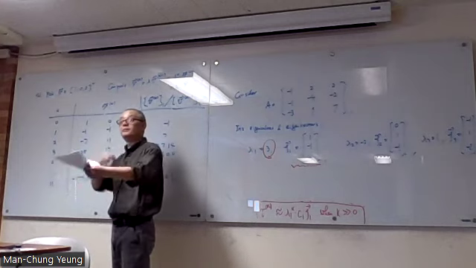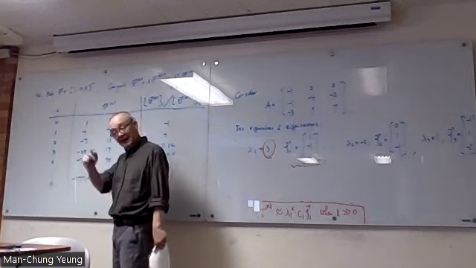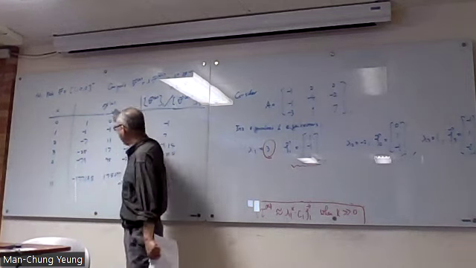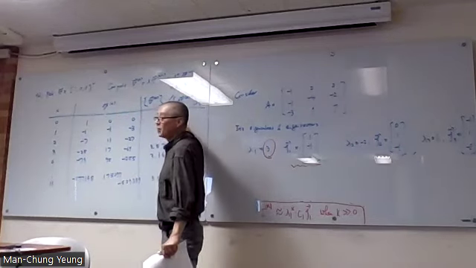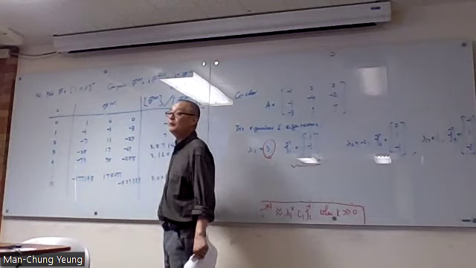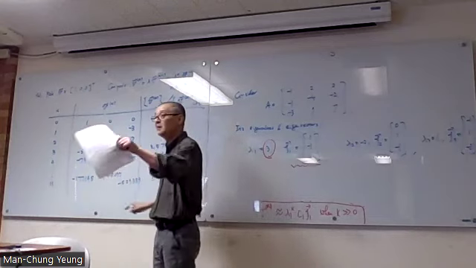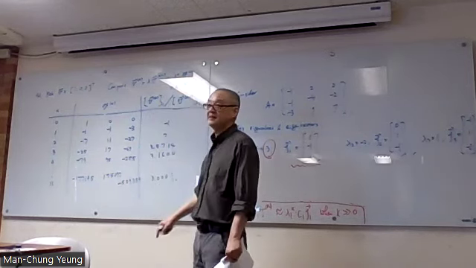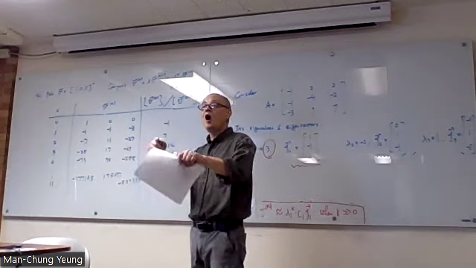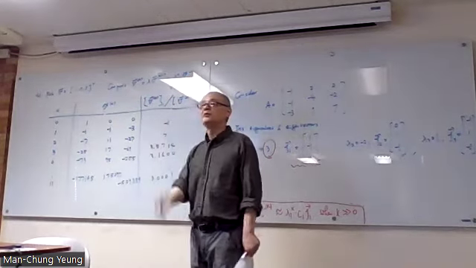The algorithm breaks down. It is possible that even when the algorithm stops, this ratio still does not converge to the dominant eigenvalue. In this case, we say overflow.